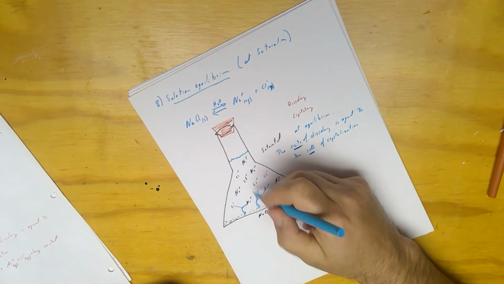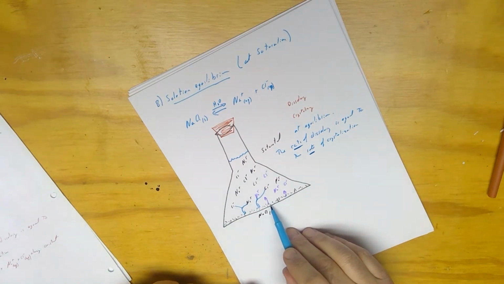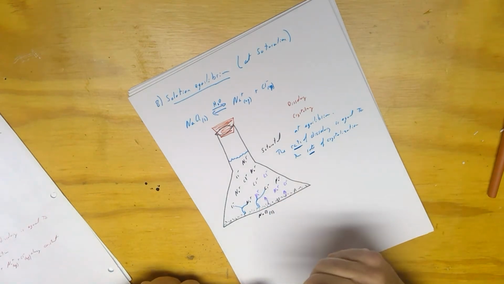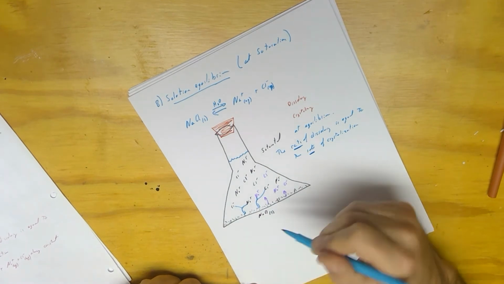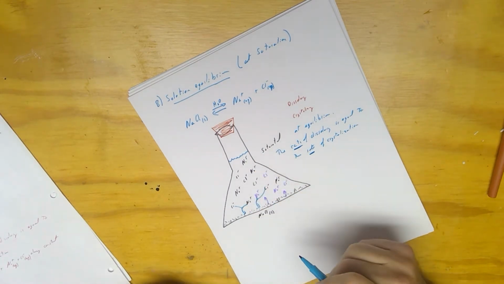Now, once this has reached equilibrium, what do we know about the amount of NaCl solid and the amount of Na pluses and the amount of Cl minuses? Are they equal? Chances are no. That's not what's equal at equilibrium. But what do we know about these things?